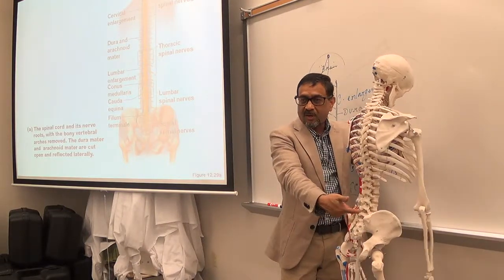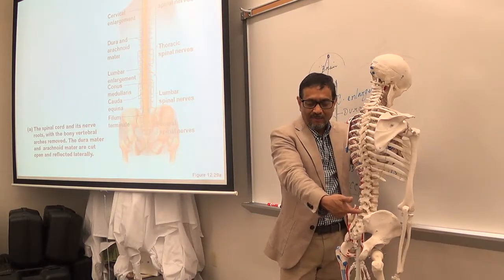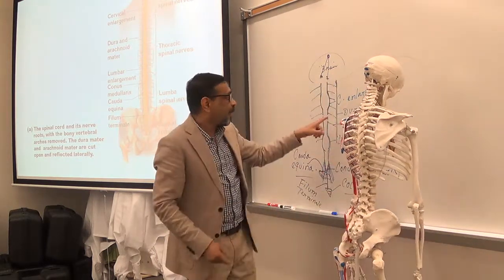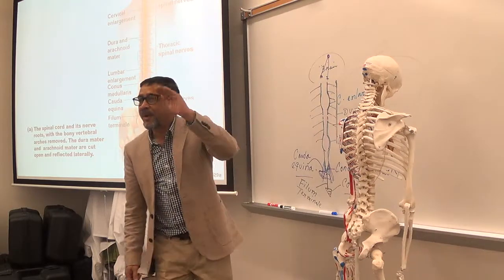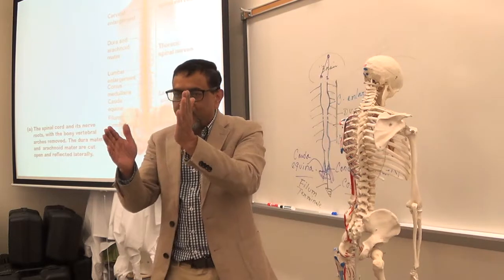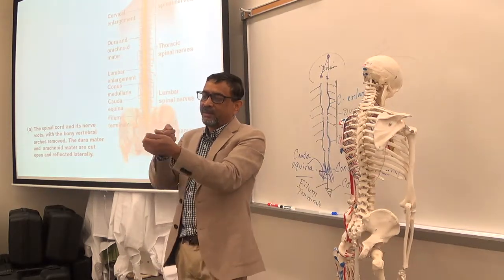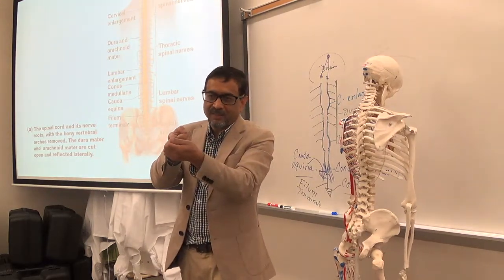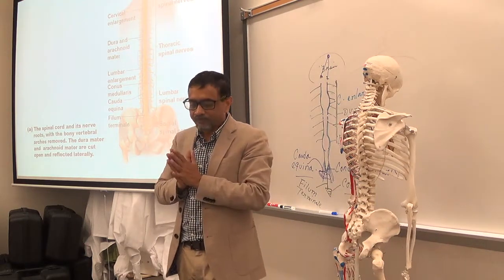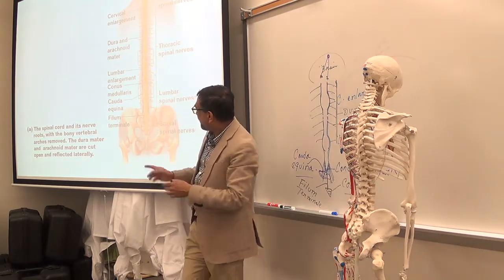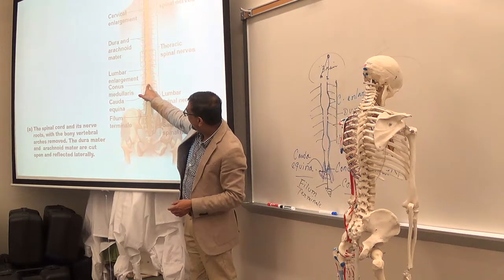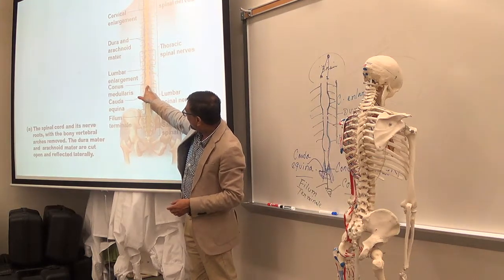We insert the needle through the back of the vertebral column, where you have cerebrospinal fluid in subarachnoid space. You remember between arachnoid and pia mater you have that fluid. So we insert the needle in subarachnoid space and draw the cerebrospinal fluid. Now you tell me, you look here, the spinal cord ends here at lumbar 1 or lumbar 2.